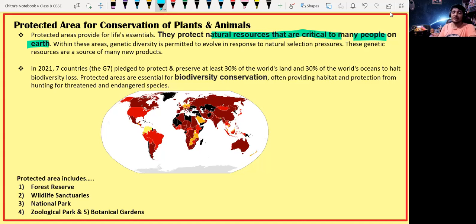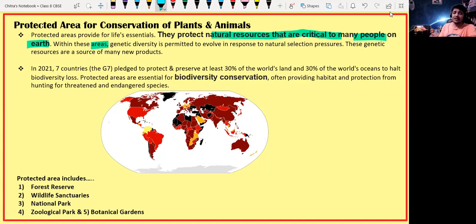We have to protect them by providing them a protected area, which is nothing but forest reserves, wildlife sanctuaries, national parks, zoological parks and botanical gardens. These are the reserve areas where some plants and animals can be conserved.